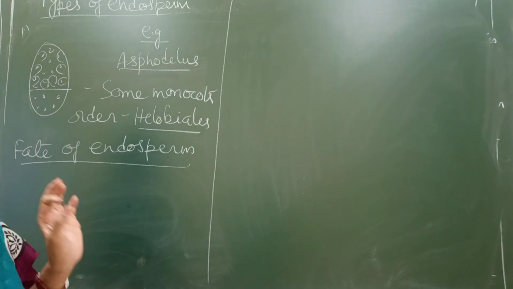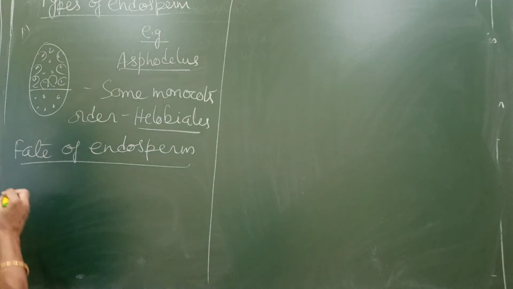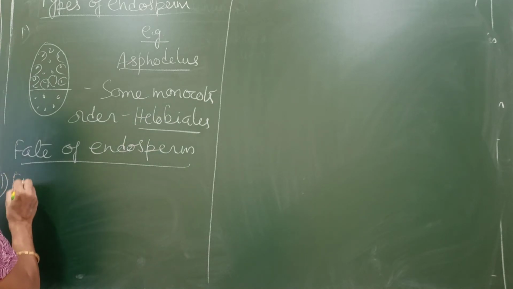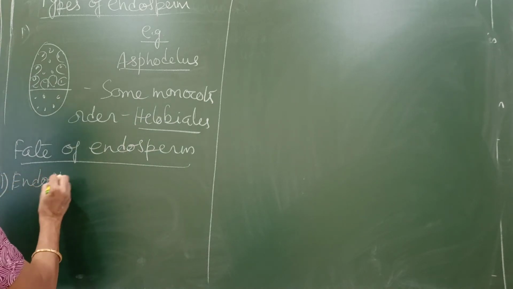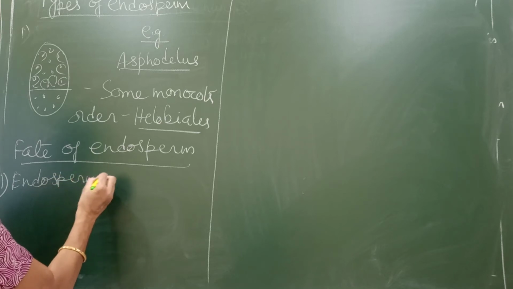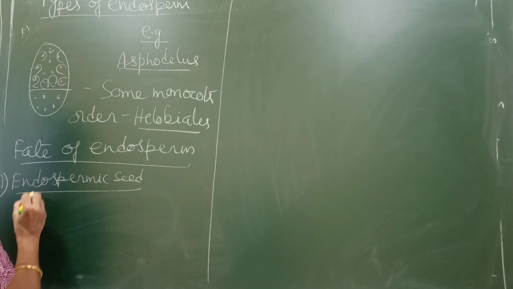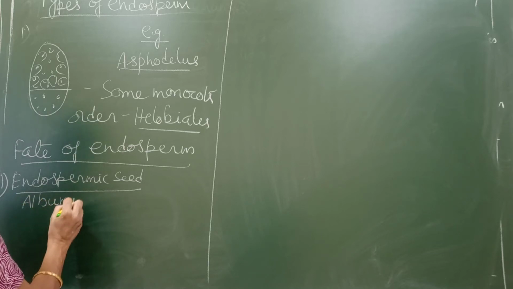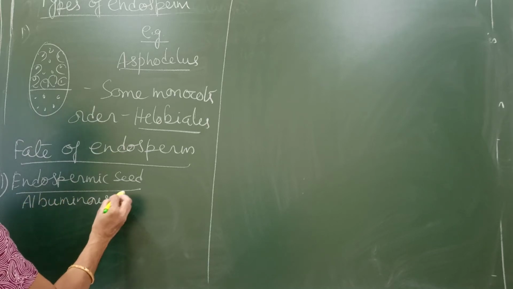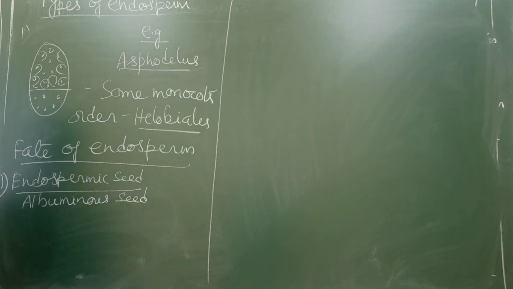Based on that, there are two types of seeds formed. One is called an endospermic seed, also called albuminous seed.